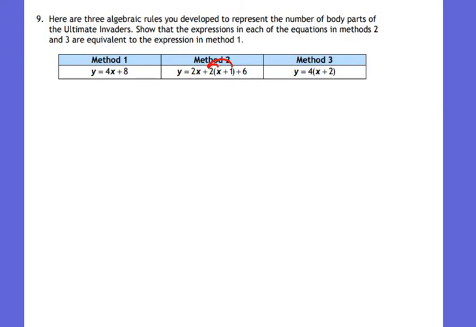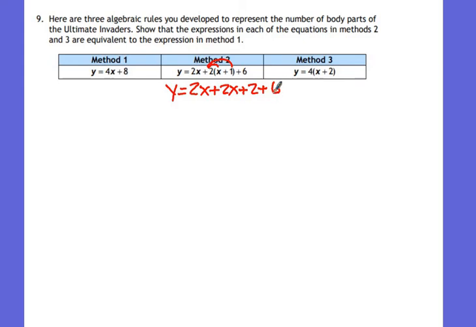What's 2 times x? 2x. So I'm going to write a plus 2x. Then what's 2 times a 1? 2, so I'm going to write plus 2. And then I'm going to bring down this plus 6. Is that the simplified answer?